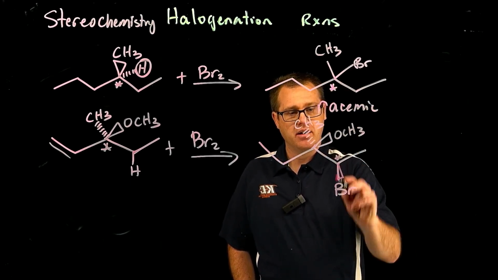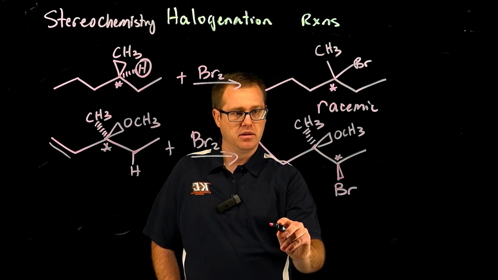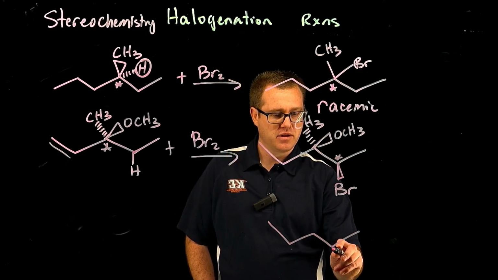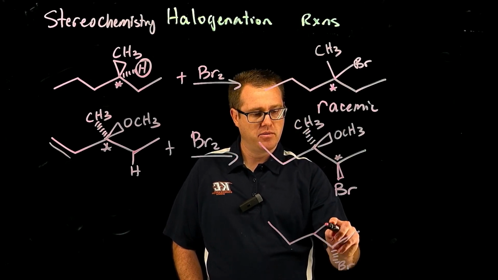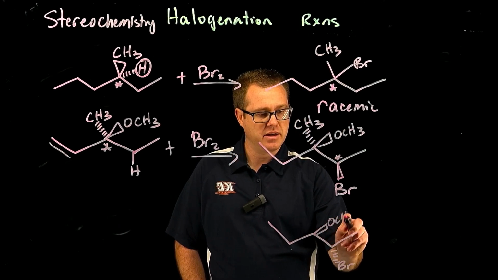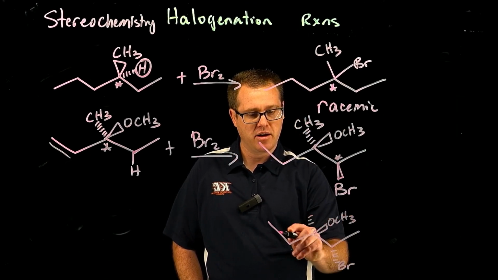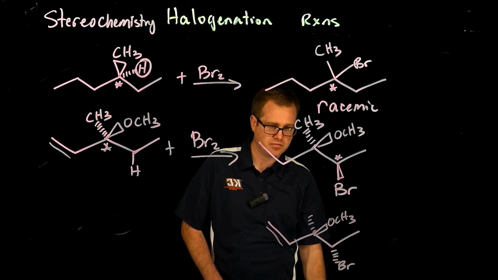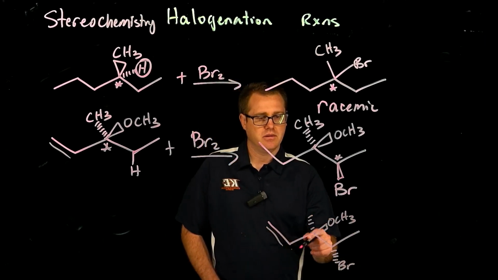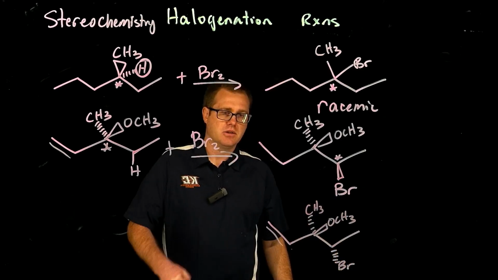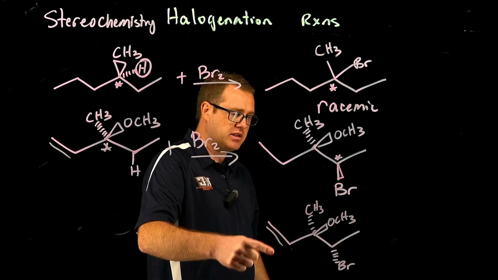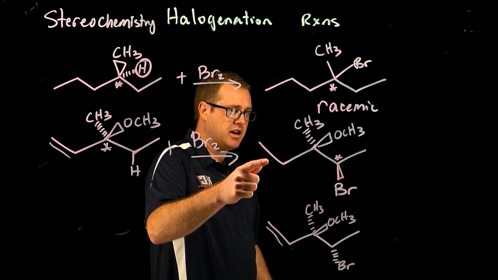So if we compare the wedged bromine versus the dashed bromine, and we still have that OCH3 and our methyl, our double bond there, we can finish our methyl there. So the relationship between these two molecules is now diastereomeric.